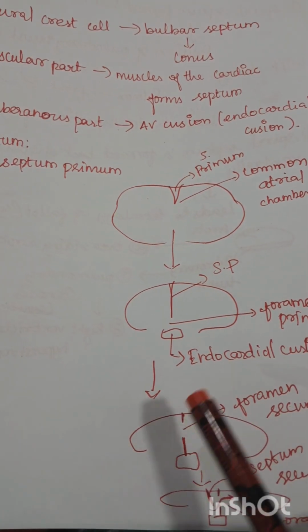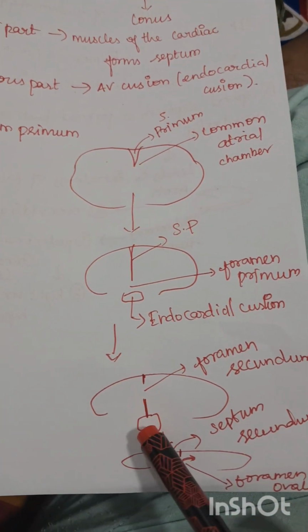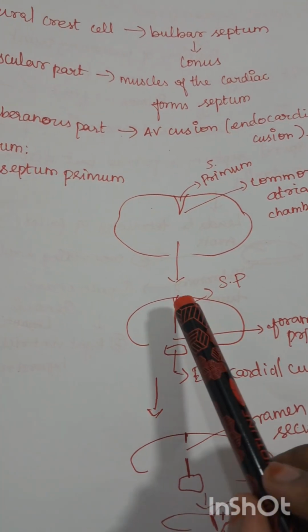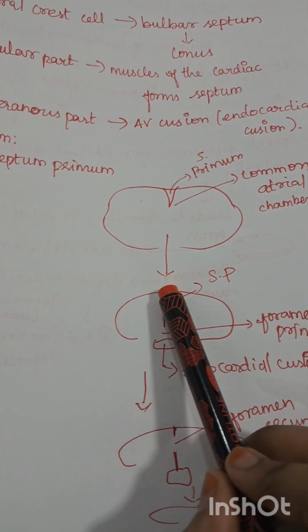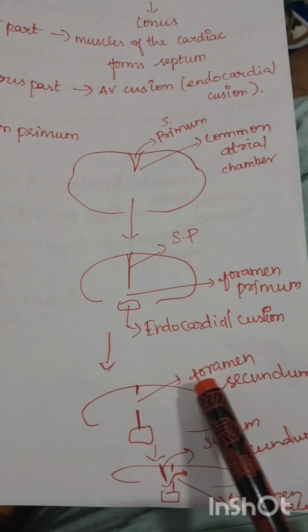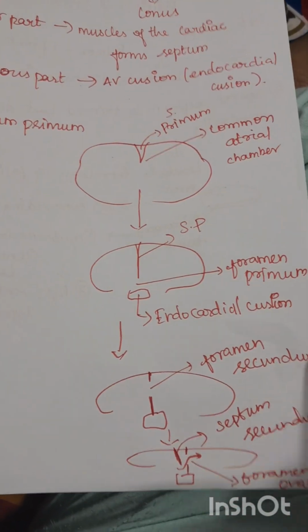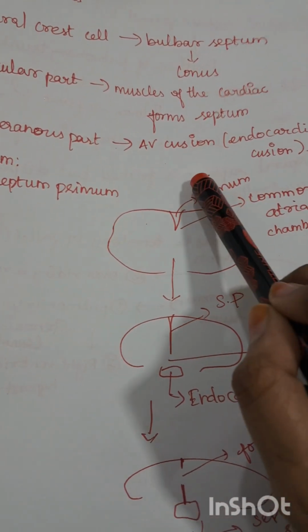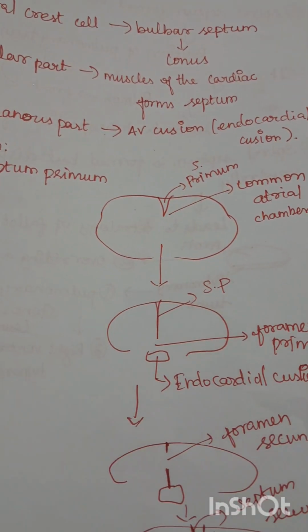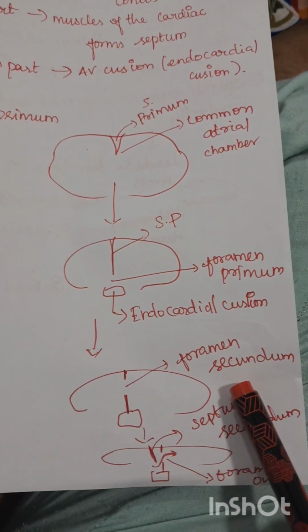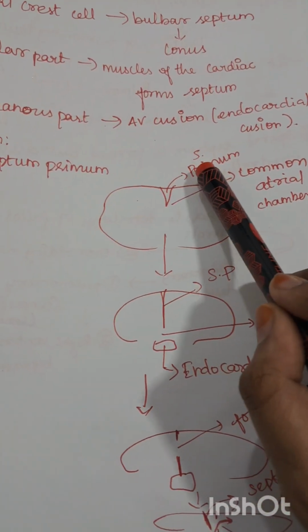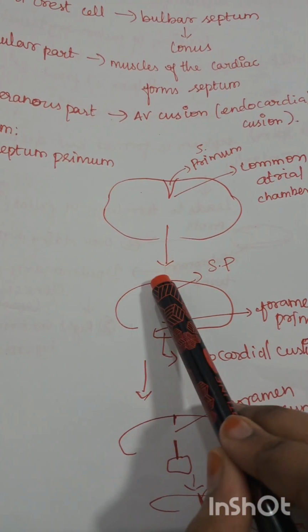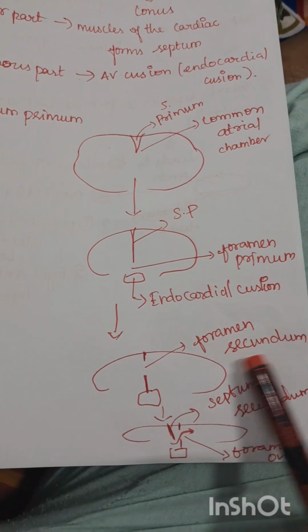This foramen primum is normally closed, but at the same time the upper part of the septum primum degenerates to form the foramen secundum.